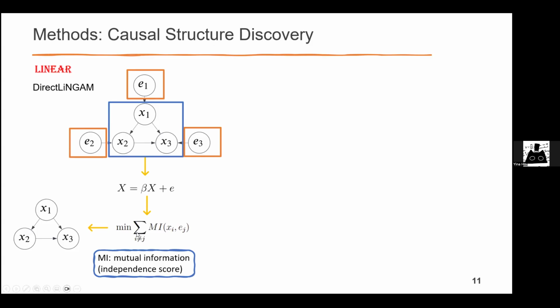And when we minimize the kernel-based mutual information, it helps the model identify and remove the effect of the most independent variable at each step. Finally, we learn the following from the DirectLiNGAM model. We also consider a nonlinear model, NOTEARS-MLP, which uses an MLP to capture nonlinear relationships within data.